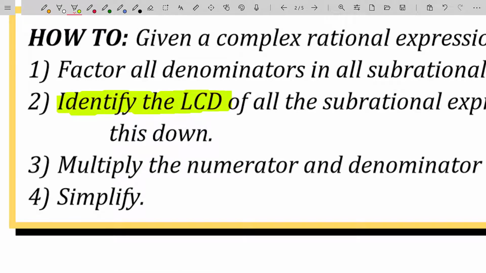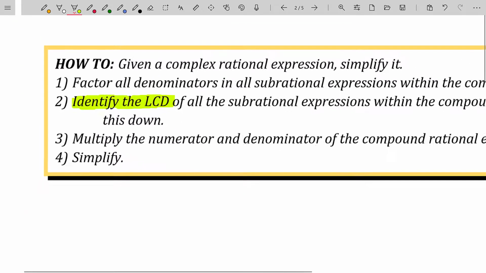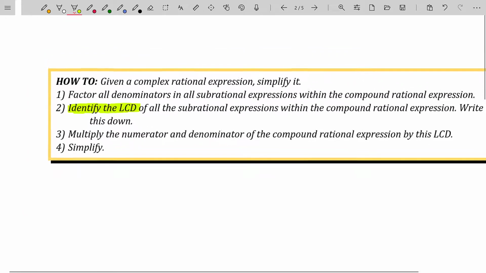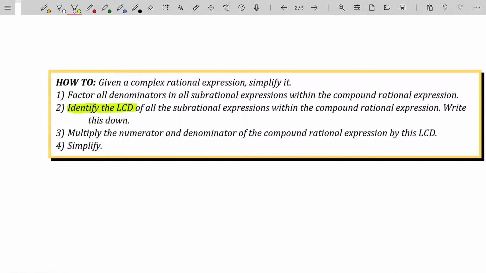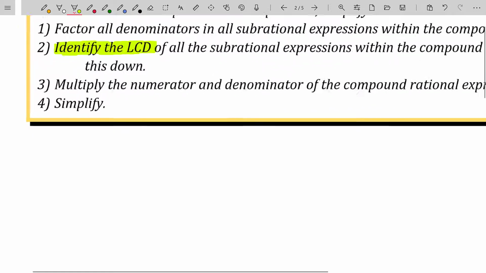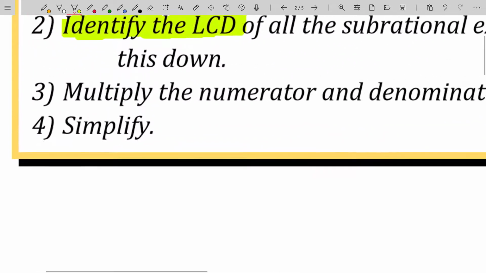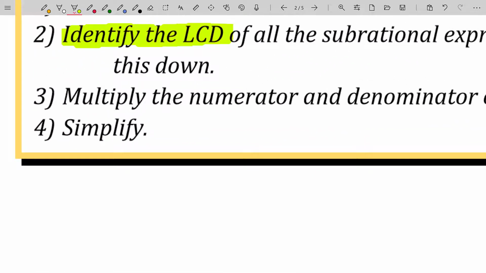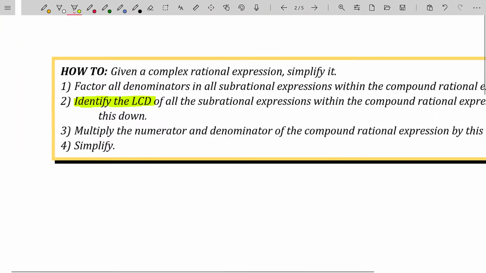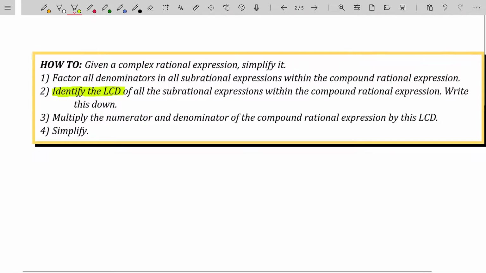So identify the LCD of all the sub-rational expressions within the compound rational expression, and you're going to write this down. Step 3, you're going to multiply the numerator and denominator of the major rational expression, the main one, by the LCD, and then simplify.